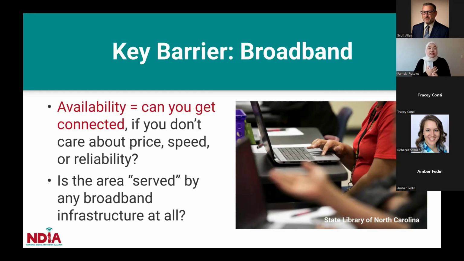One of them is that the internet is either too slow, and sometimes that's combined with the monthly internet subscription bill being too high. Let's say a community is paying $130 for their monthly internet, but they can't stream Netflix or sending an email takes forever because the internet is too slow. That is a broadband inequity.